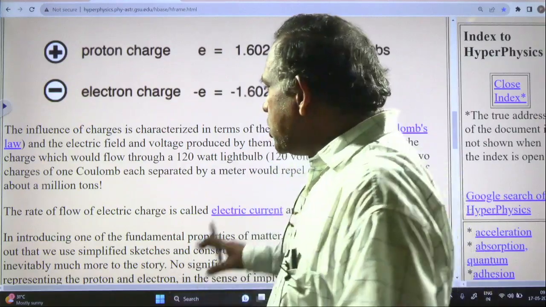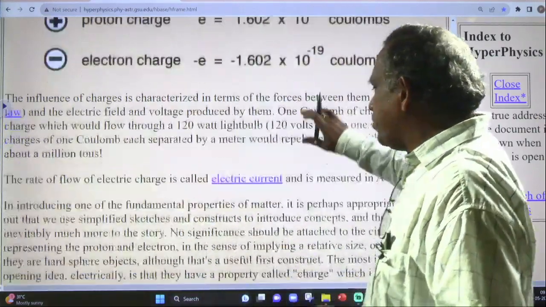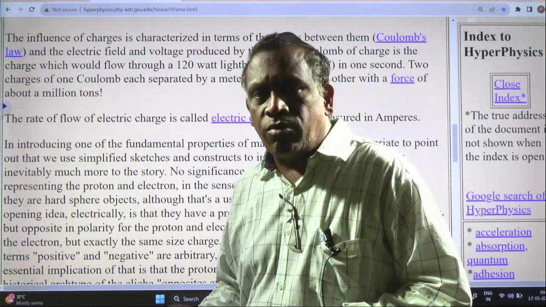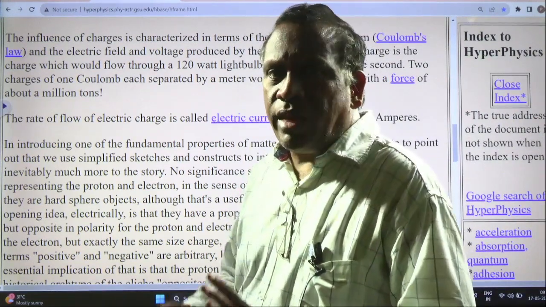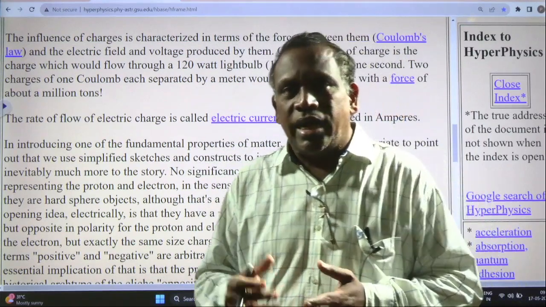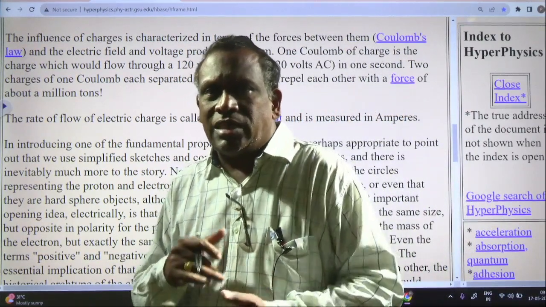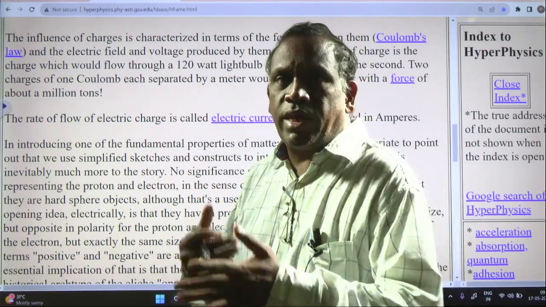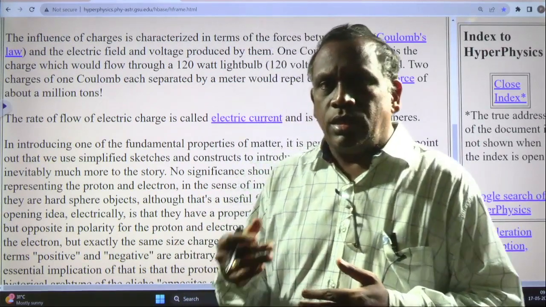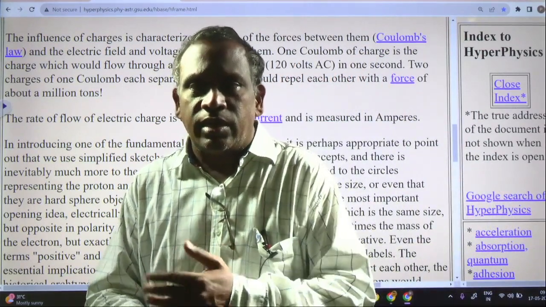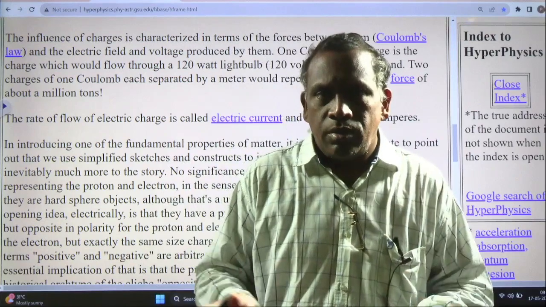There are many characteristics of charge. The rate of flow of charge is called current. When a substance allows charge to pass through itself, it is called a conductor. If the substance does not allow charge to pass, it is called an insulator. If the substance allows charge partially through itself, it is called a semiconductor. Conductor, semiconductor, and insulator are the three types of materials.